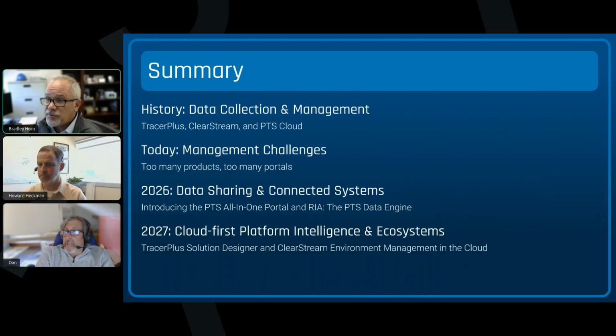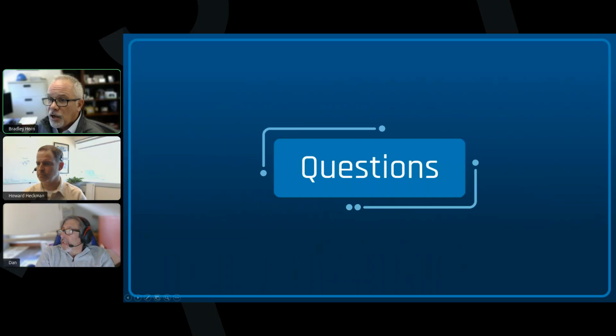Anyway, with that said, we have some good questions here. This is a great question. Would TracerPlus still be maintained in case I want to use the online cloud for TP desktop, but want to keep using my traditional SQL server without having to go through PTS cloud? I'm going to preface this: our direction has always been to be as backwards compatible as possible and really pay attention to our core users.